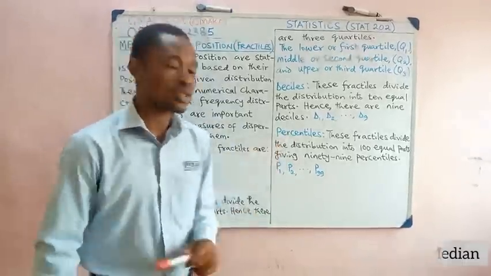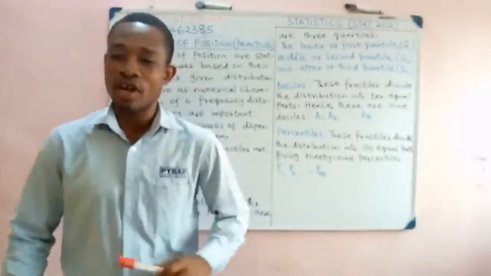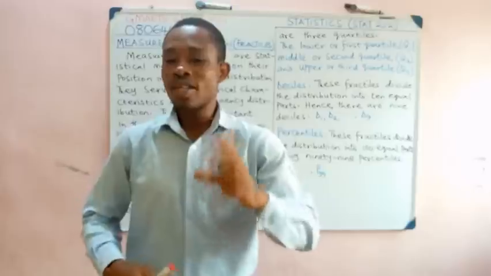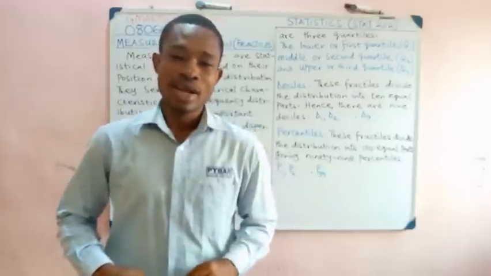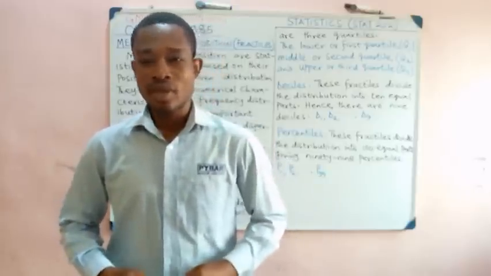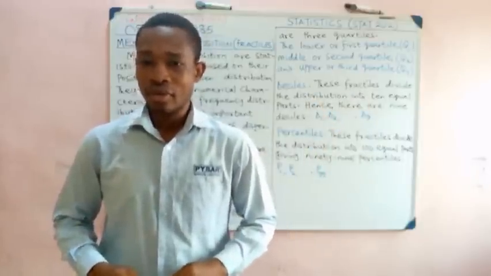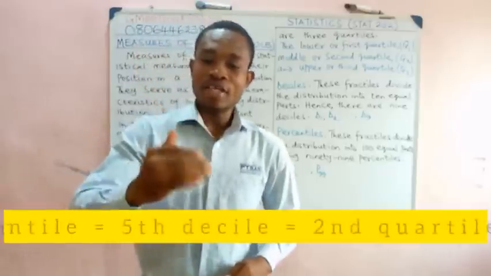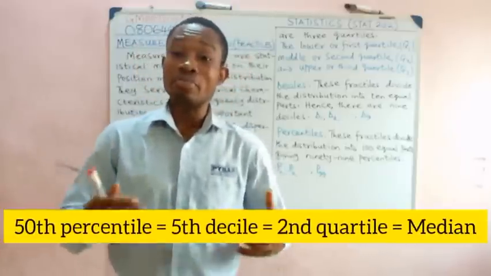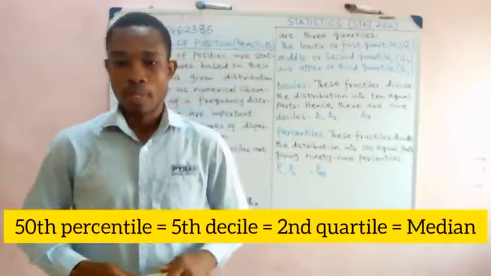Now we'll talk about the percentiles, which are fractiles that divide the whole distribution into 100 equal parts. And hence there are 99 percentiles from P1 to P99. P50, that is the 50th percentile, represents the median of the distribution.